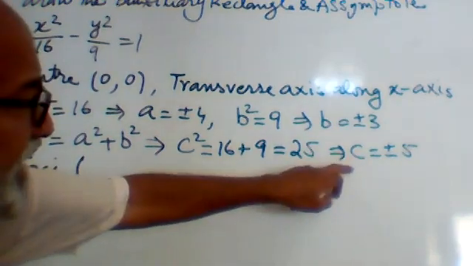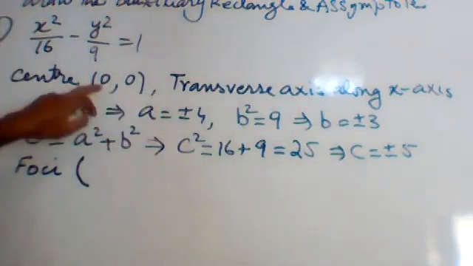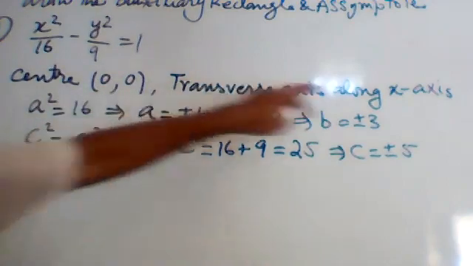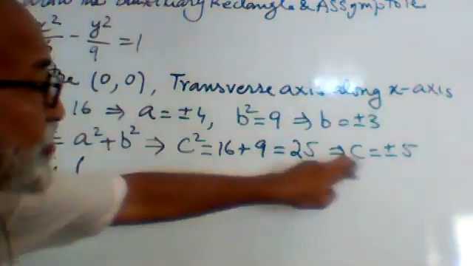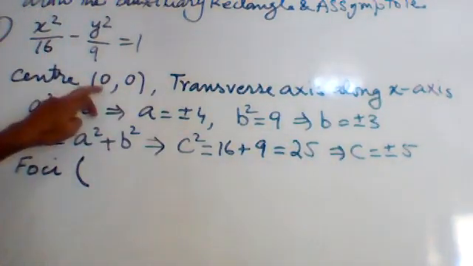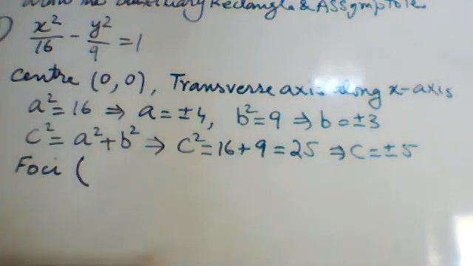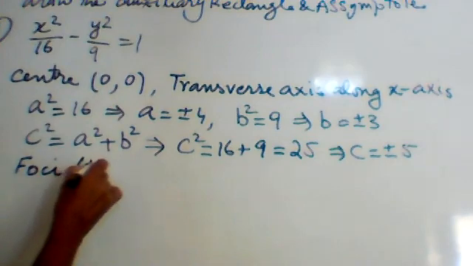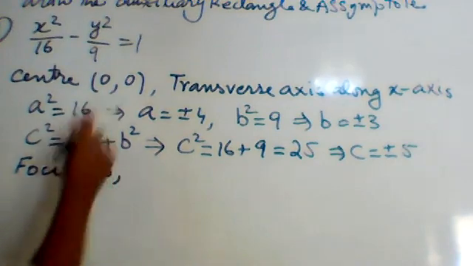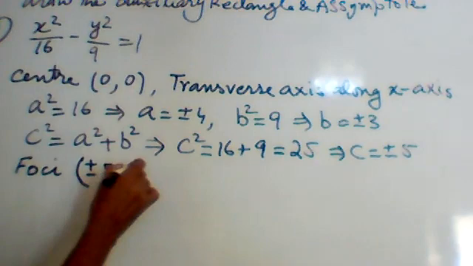The c will be added in the x coordinate of the center because the transverse axis is along the x-axis. So 0 plus minus 5 will become plus minus 5, and the y coordinate remains as it is.